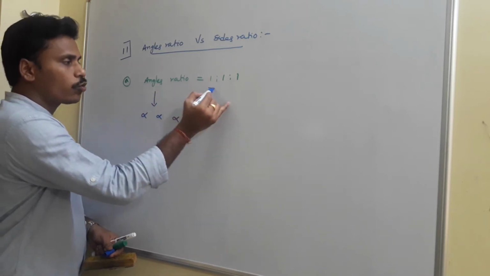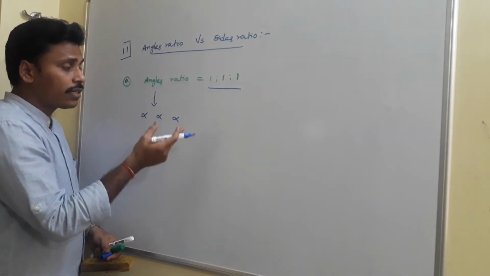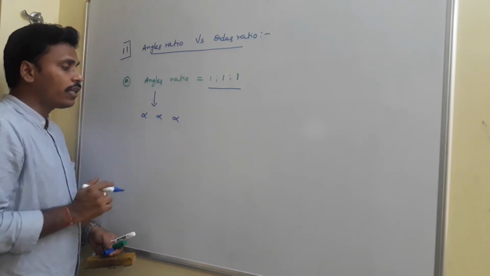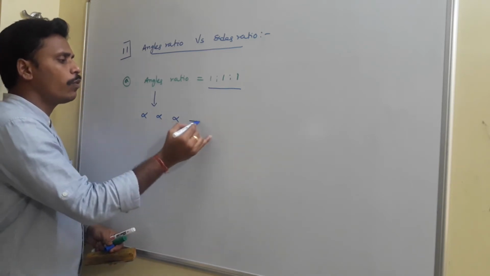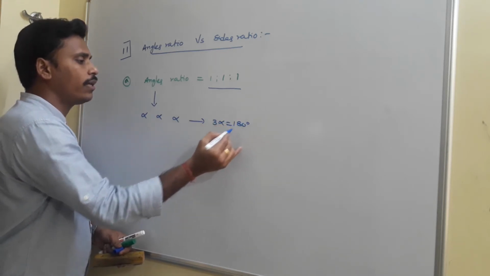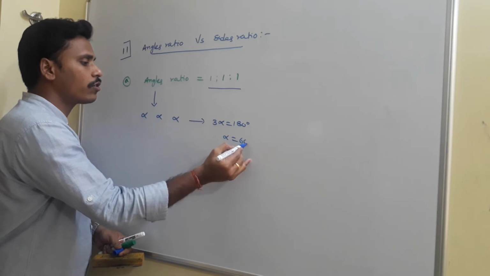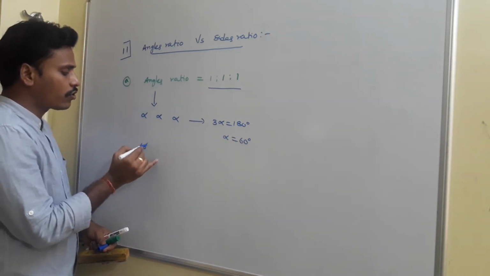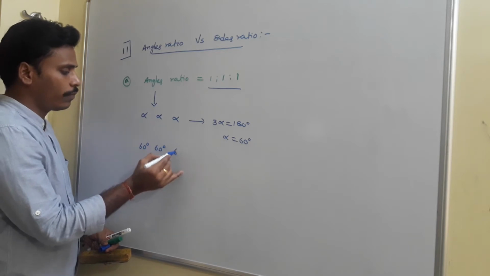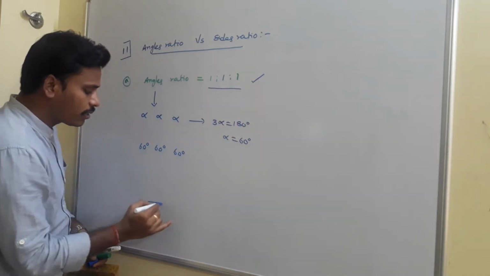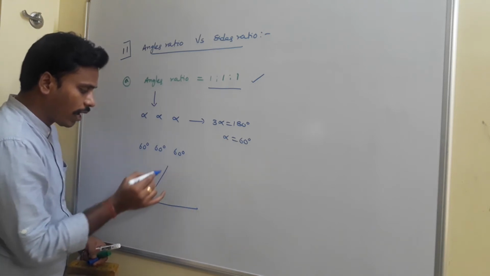Since the angles ratio is 1:1:1, that represents that my angles are equal in the triangle. Since the angles are equal, the sum of the angles should be 180. So the sum of these 3 alphas is 180 and alpha is 60. That in turn represents that each angle of the triangle is 60, 60, 60. That means if the angles ratio is 1:1:1, the triangle is nothing but an equilateral triangle.